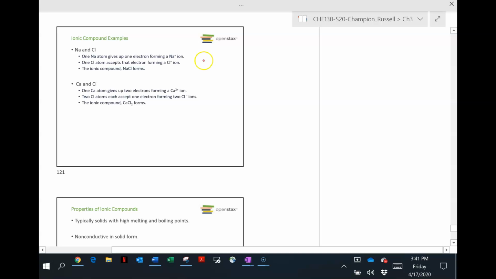For example, sodium tends to form a +1 charge. If I'm talking about sodium and chlorine, chlorine tends to form a -1 charge, and you've got essentially this thing called the principle of electric neutrality.